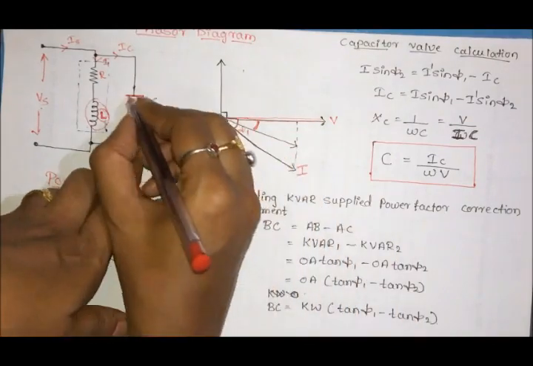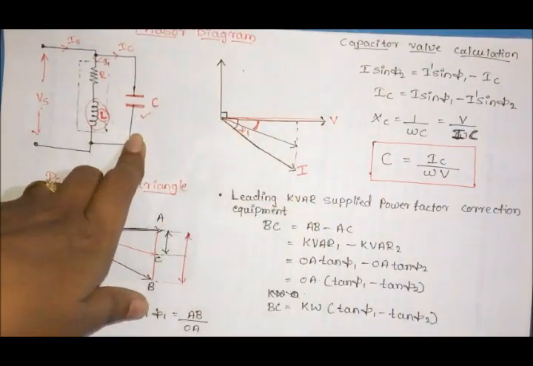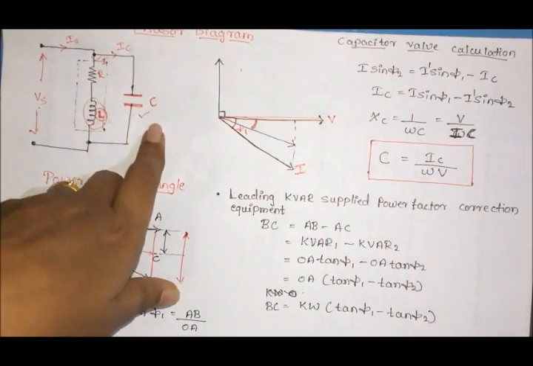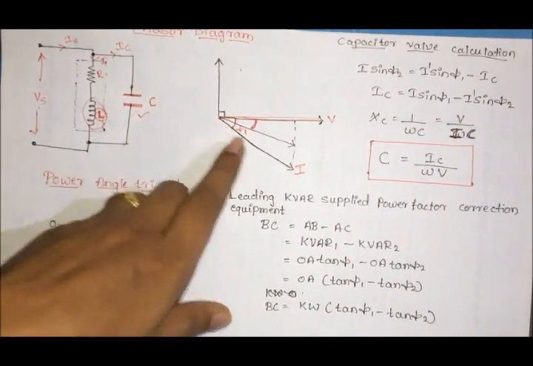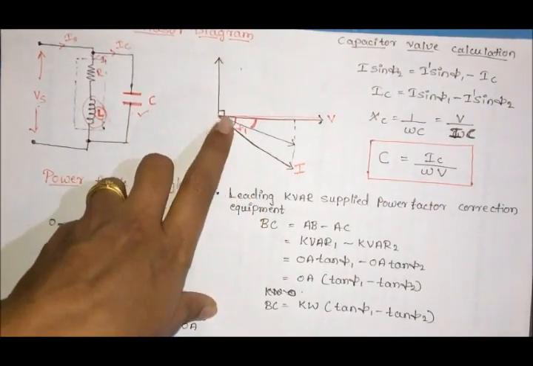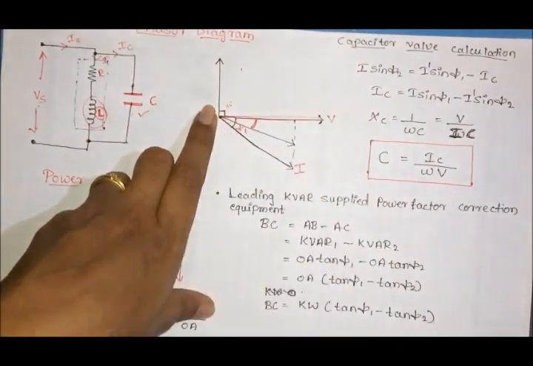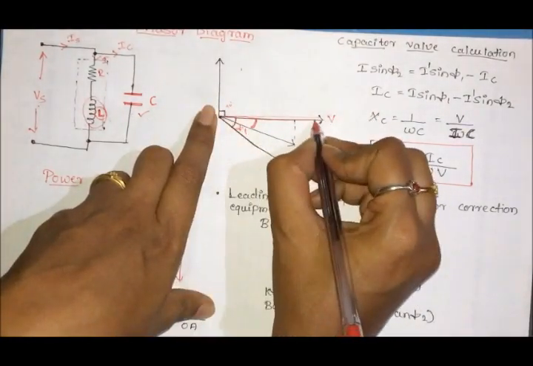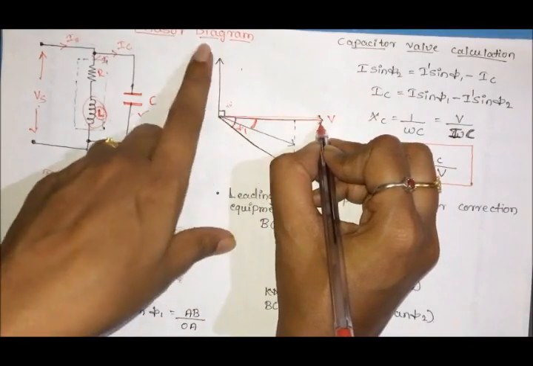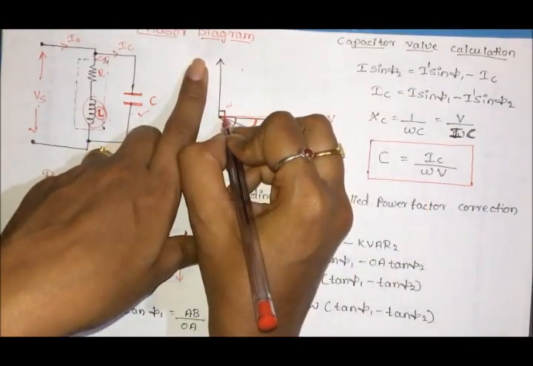Next, we can draw the phasor diagram for the capacitor. What happens in a capacitor? The capacitor current will be leading at an angle of 90 degrees. Here it is the voltage, and the current is leading at 90 degrees.